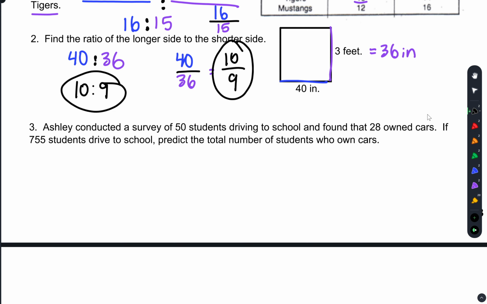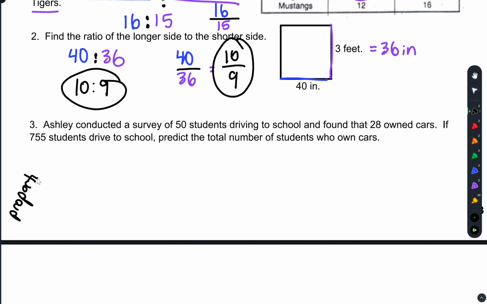Okay. In number 3, we're talking about Ashley. She conducts a survey. She wants to predict the total number of students who own cars in this population of student drivers. If we are trying to predict something or find a missing value of something, this is when we start setting up a proportion.